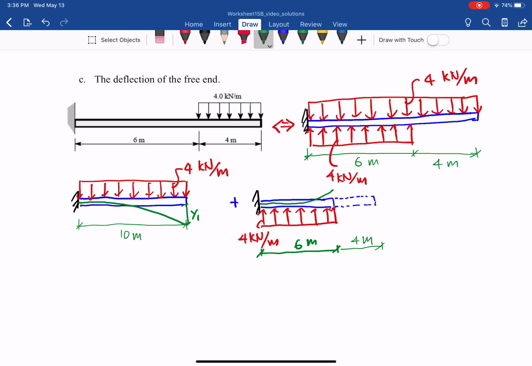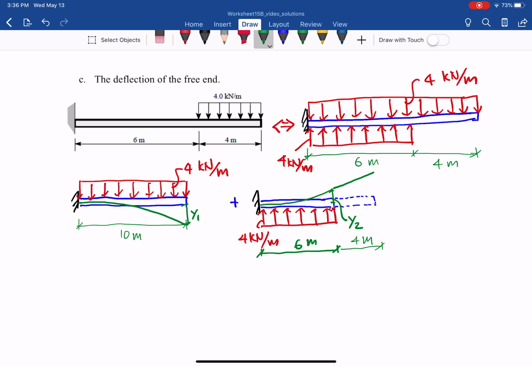That one first will be y2, and then it continues to deflect for the next 4 meter, and it becomes a straight line.